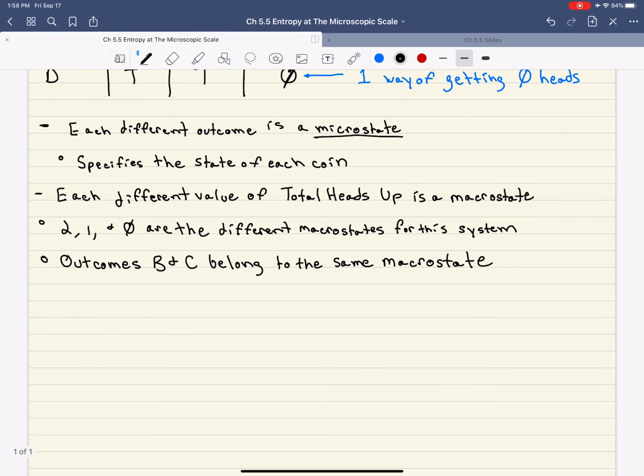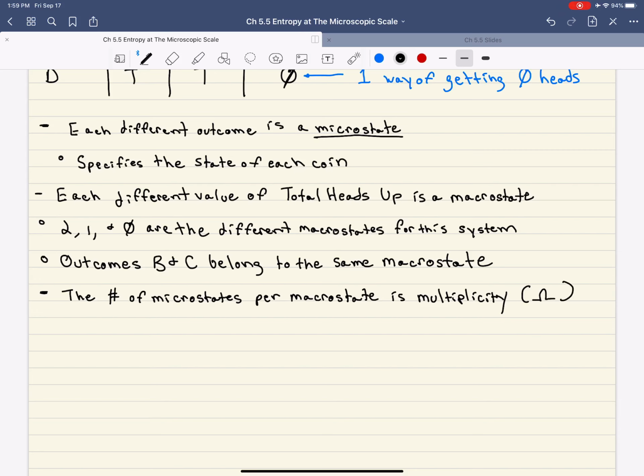The last thing I want to define is the term multiplicity. And so the multiplicity is going to be the number of microstates that belong in each macrostate category. And we abbreviate multiplicity as omega.